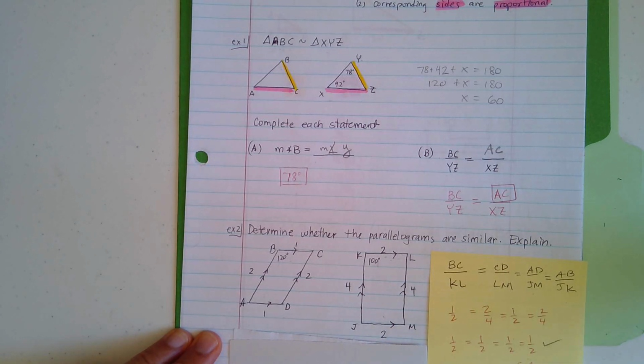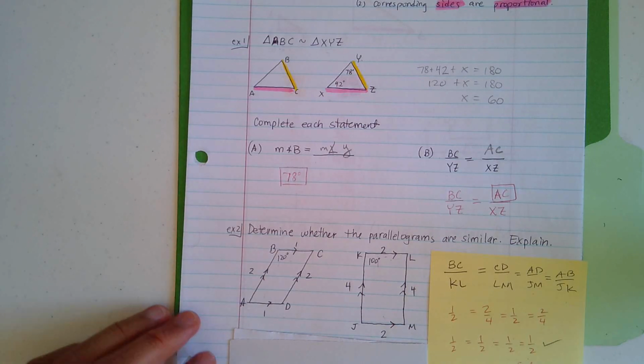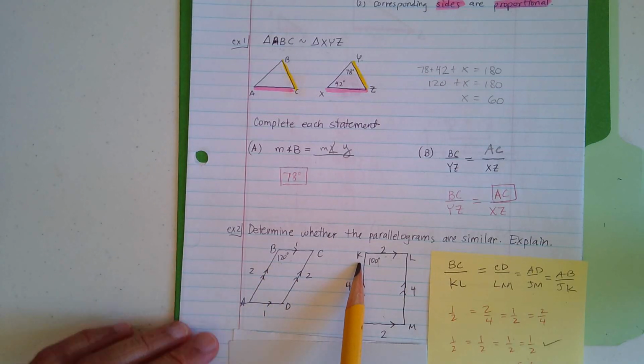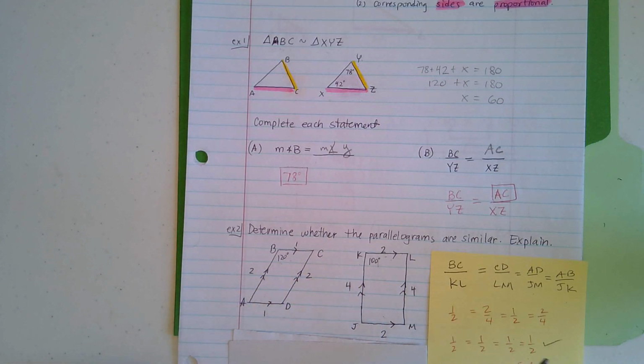Now we have to check for corresponding angles and make sure that they're congruent. Well, angle B should equal angle K if the parallelograms are similar.